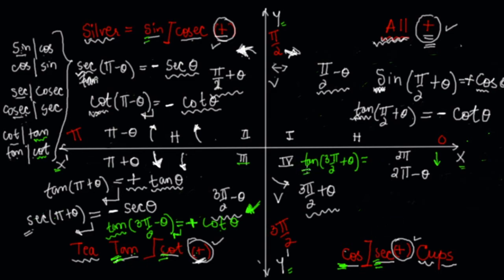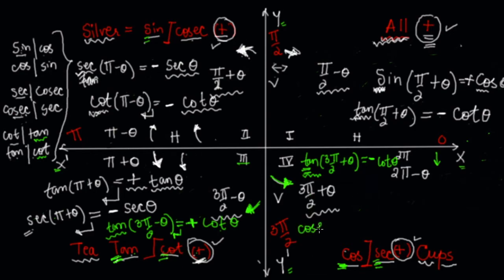Who is jumping in the fourth quadrant? All silver teacups. It is not cos or its reciprocal sec, but it is tan. And if tan is jumping in the fourth quadrant, the answer has to be negative. And we told very clearly that when you jump across the vertical axis, tan loses its identity and it becomes cot, right? Cot theta.